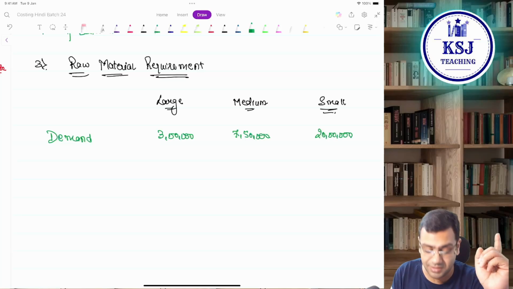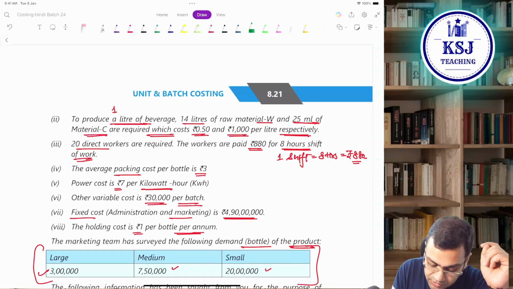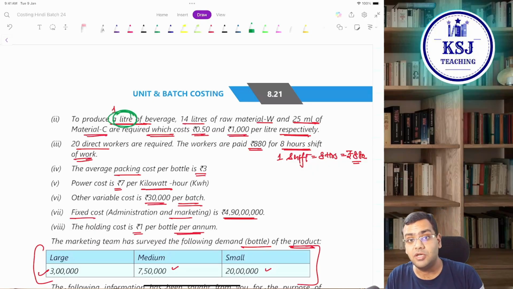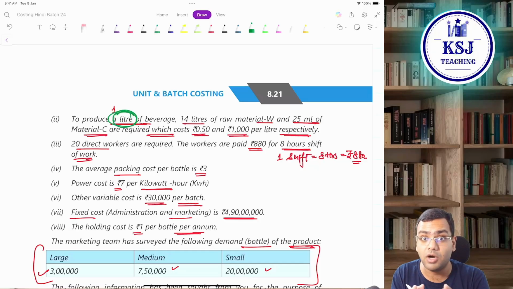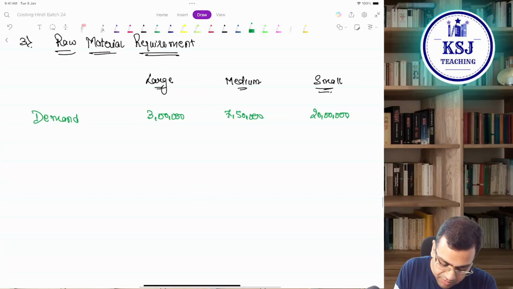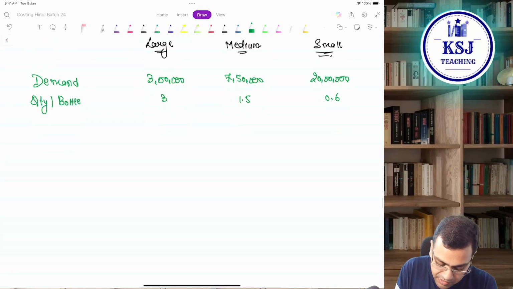These are bottles. Now see the raw material part. It says to produce 1 liter of beverage, not 1 bottle of beverage. So what is the quantity per bottle? For large it is 3, for medium 1.5, and for small 0.6.